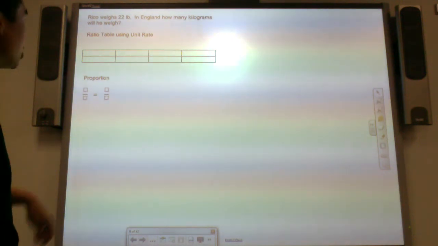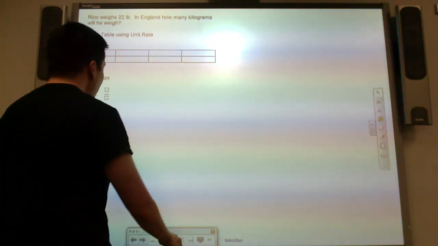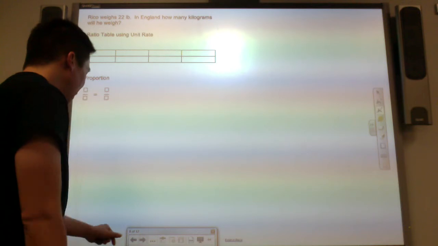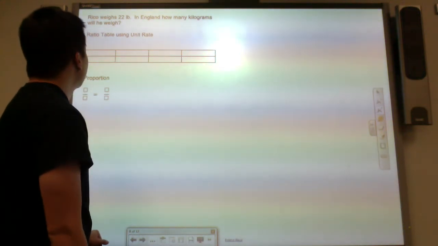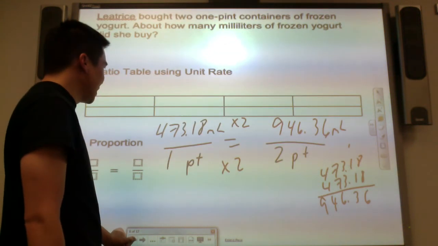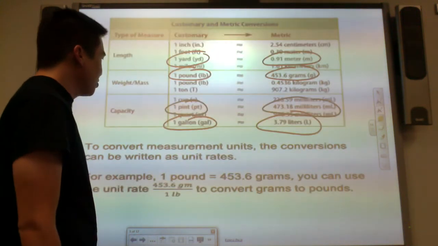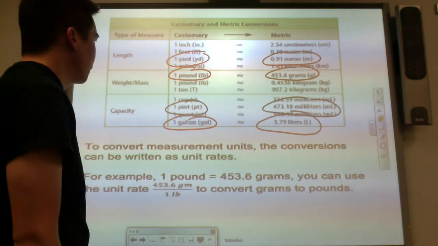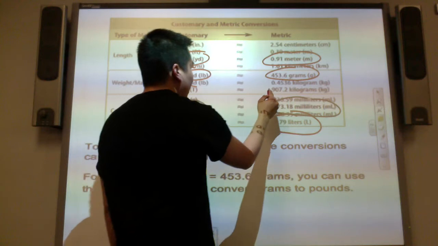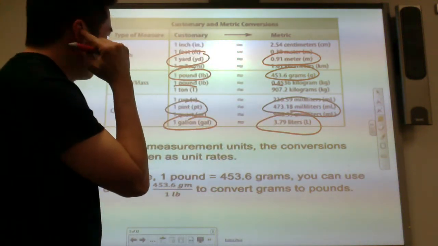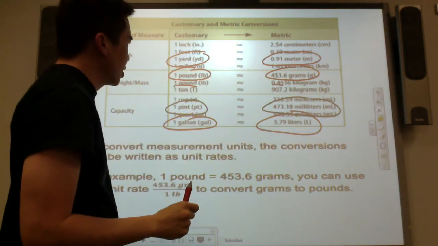Rico weighs 22 pounds in England. How many kilograms will he weigh? So it's about pounds and kilograms. Here it is. 1 pound is, oh gosh, 4,536 ten-thousandths.